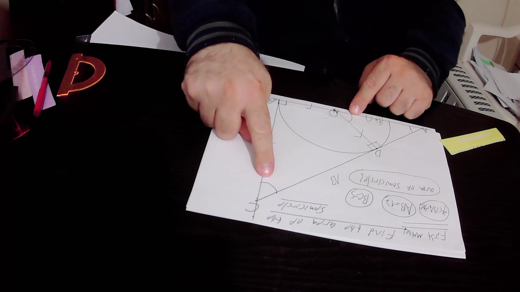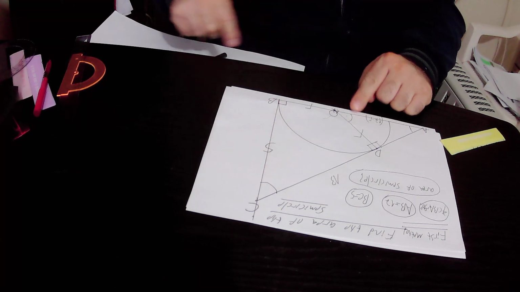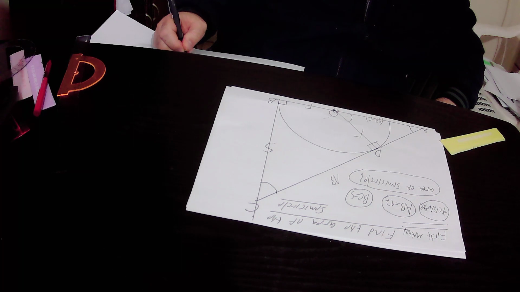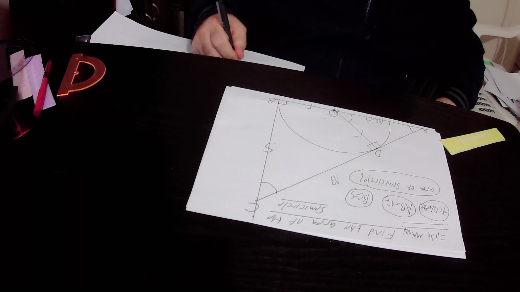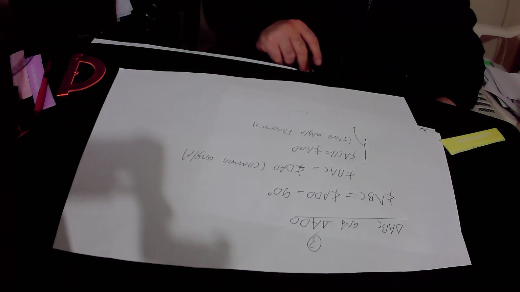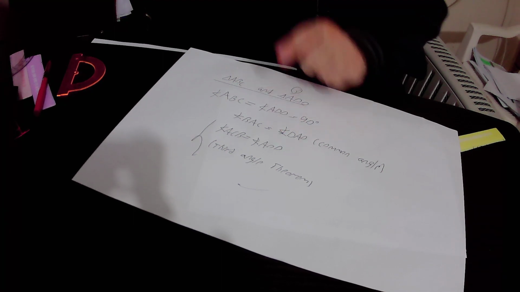So those two angles are equal to each other according to the third angle theorem. So angle ACB equals angle AOD, and they are equal to each other according to the third angle theorem.